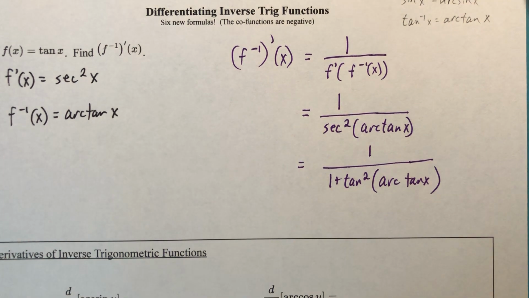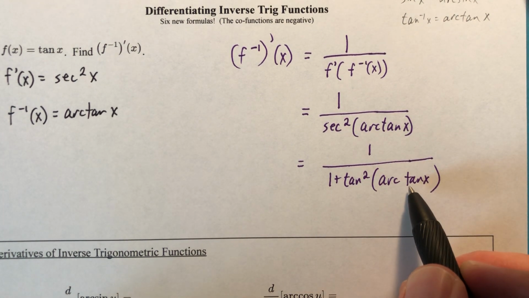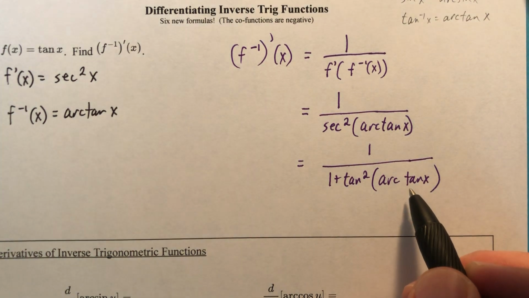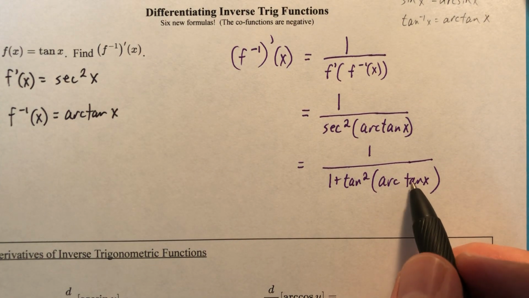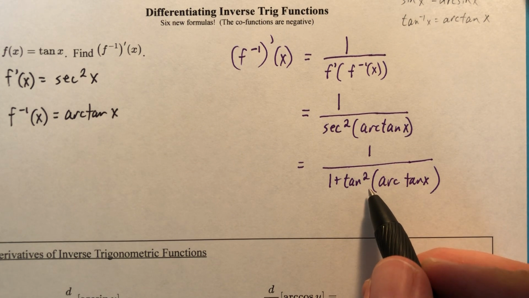And at this point, I see tan and arctan. So this is the fun little thing about inverses: if I plug the inverse into the original function, I get what I had to start with.